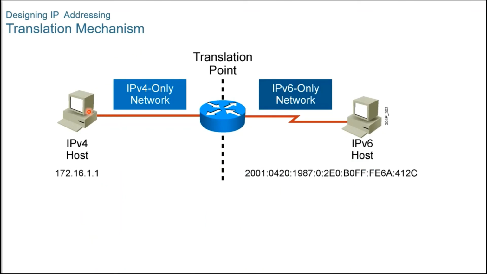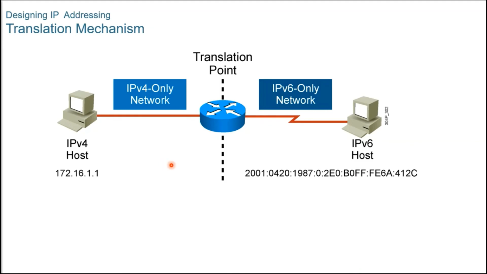How about the translation transition mechanism? So dual stack and tunneling techniques manage the interconnection of IPv6 domains. For legacy equipment that will not be upgraded to IPv6, and for some deployment scenarios, techniques are available for connecting IPv4-only nodes to IPv6-only nodes using translation, an extension of the NAT techniques.